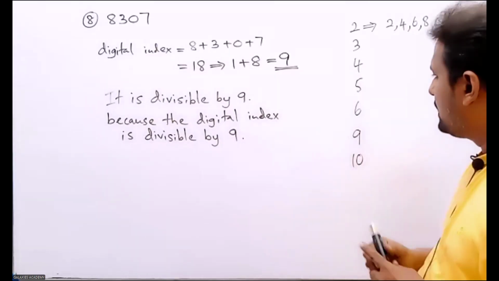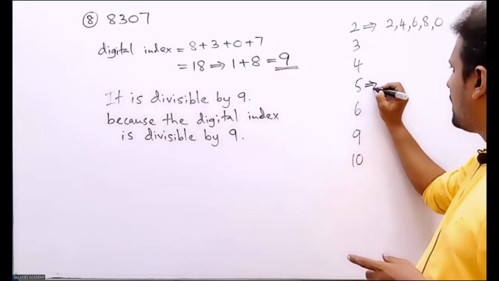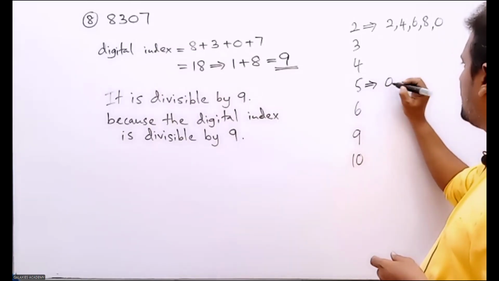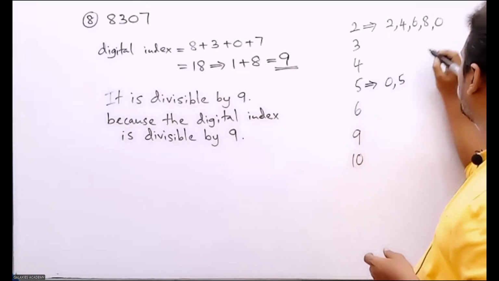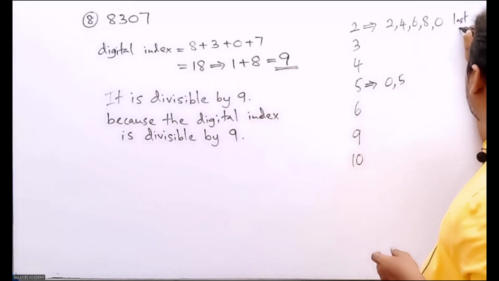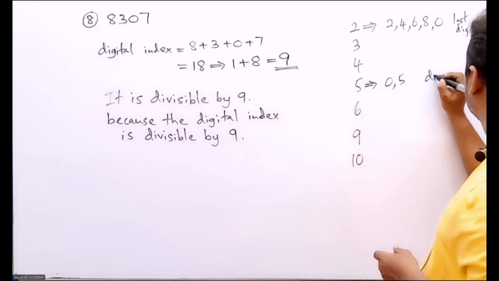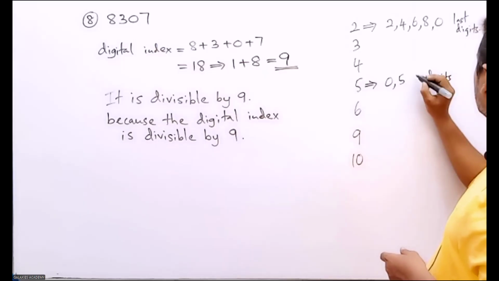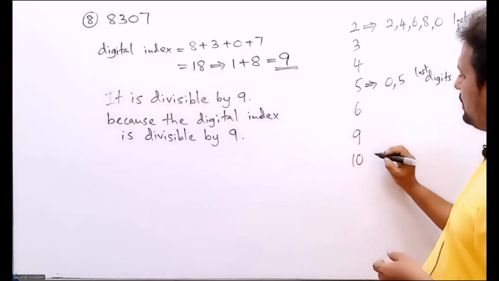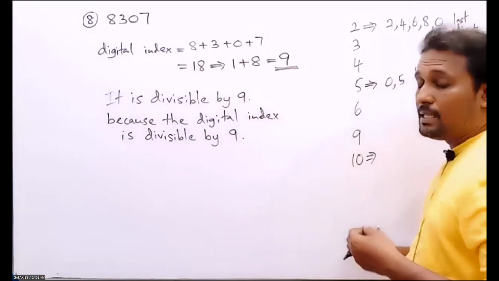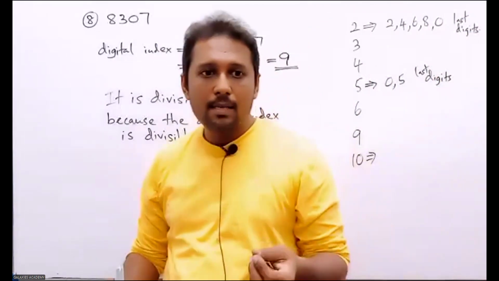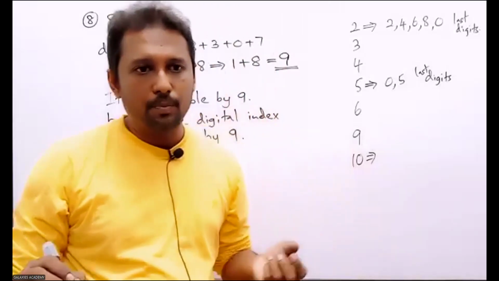If the number is divisible by 5, the last digit should be 0 or 5. Right? These are the last digits. Then if the number is divisible by 10, the last digit of the number should be 0.